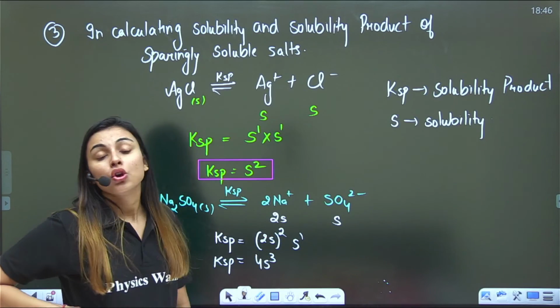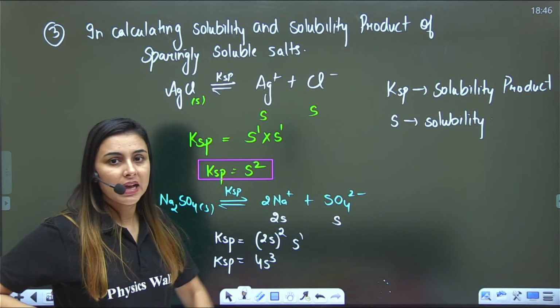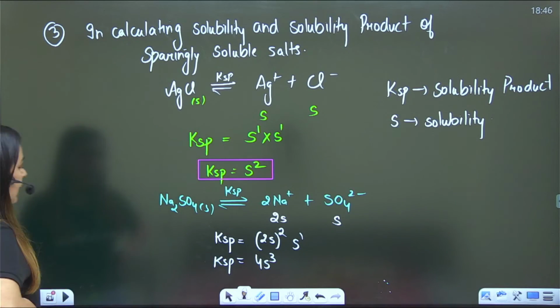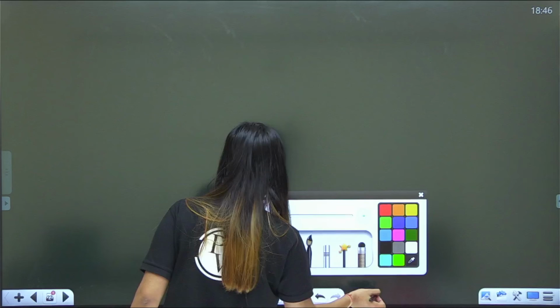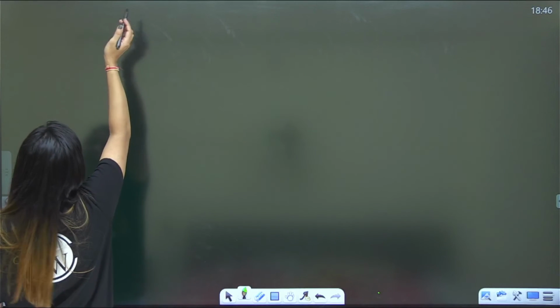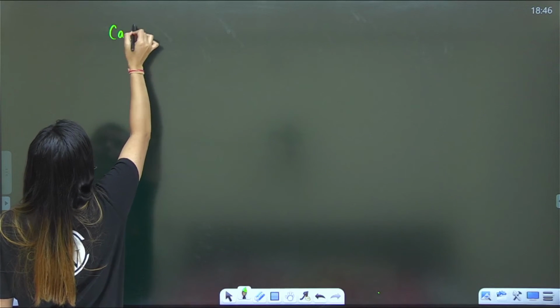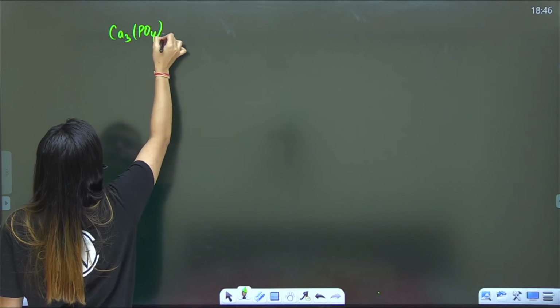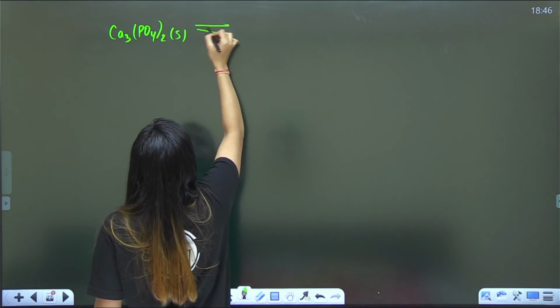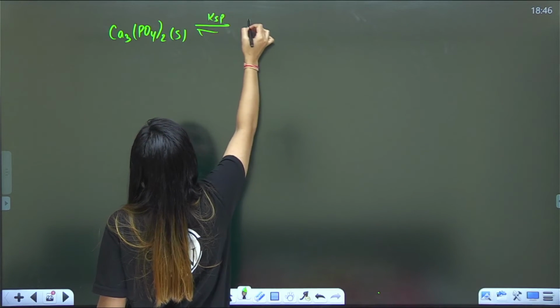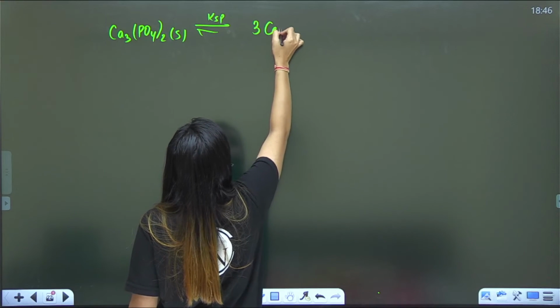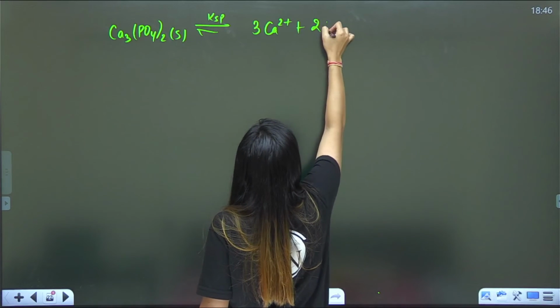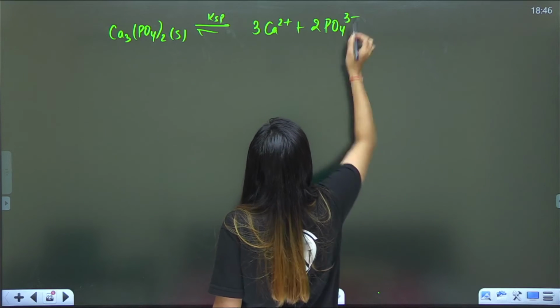This is how you write the solubility products. I'll give you one more example and you will be clear with the concept. Let's say you have a sparingly soluble salt of Ca3(PO4)2. So this will give you KSP here, 3Ca2 plus and you will have 2PO4 3 minus.